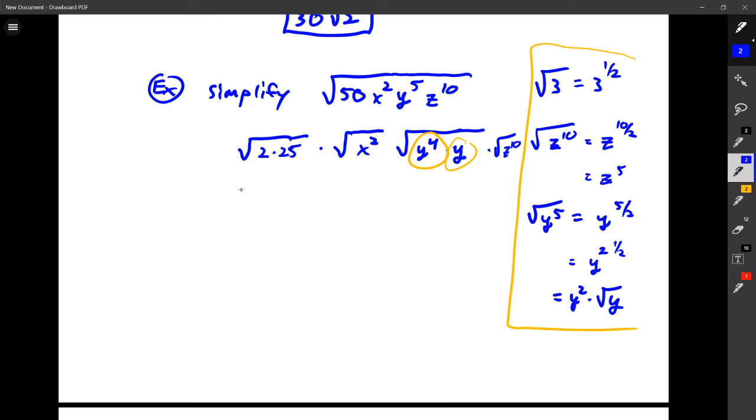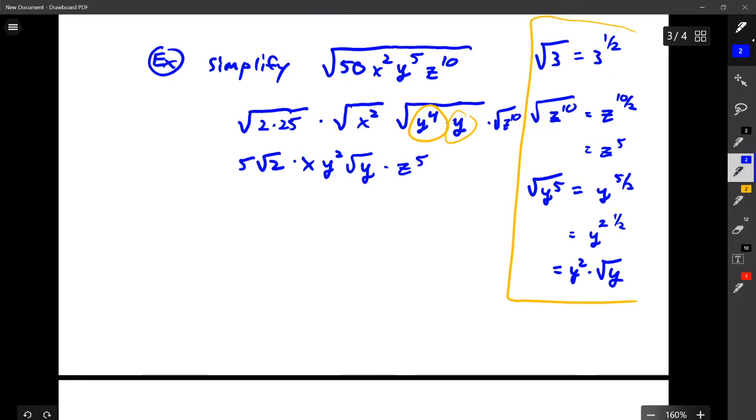All right, so what are we left with here? We're left with 5 root 2, times x, because the square root of x squared is x, times y squared root y, times z to the 5th.